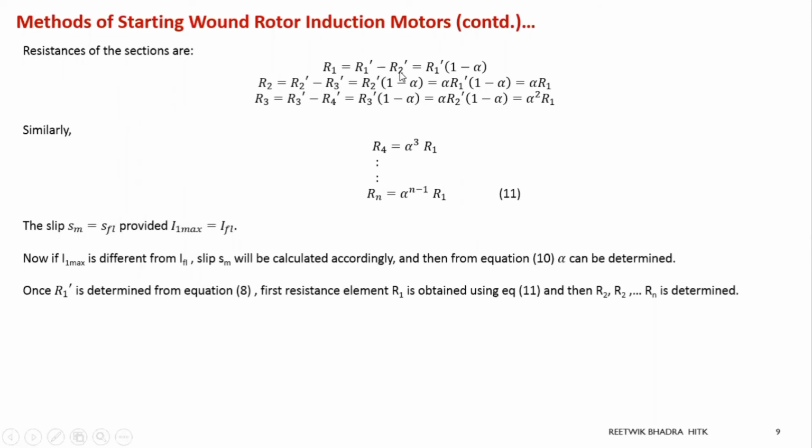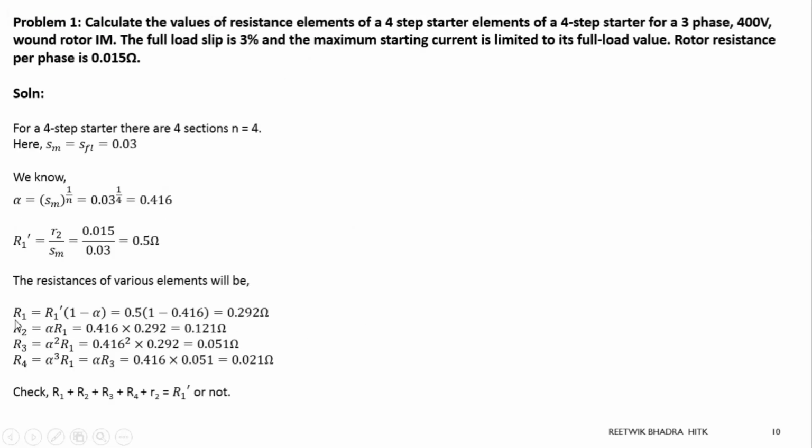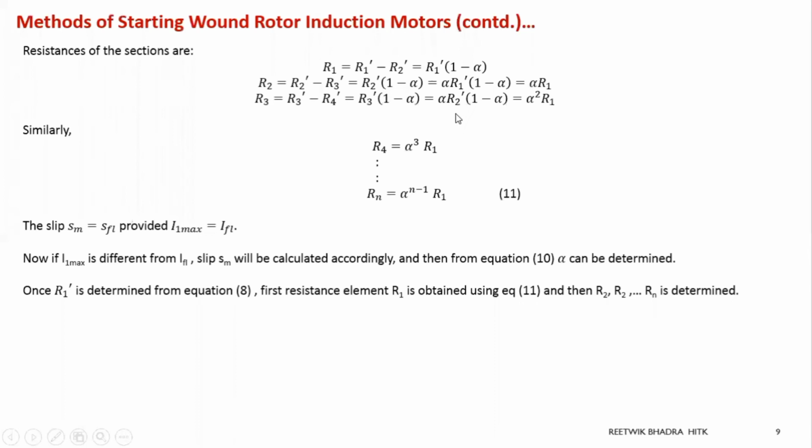R1 dash minus R2 dash is equal to R1. R2 dash minus R3 dash is equal to R2. But if you use this formula over here, R1 dash is calculated. Now, if you use this formula, R1 dash into 1 minus alpha gives you R1. And all this R2, R3 are all dependent on R1.